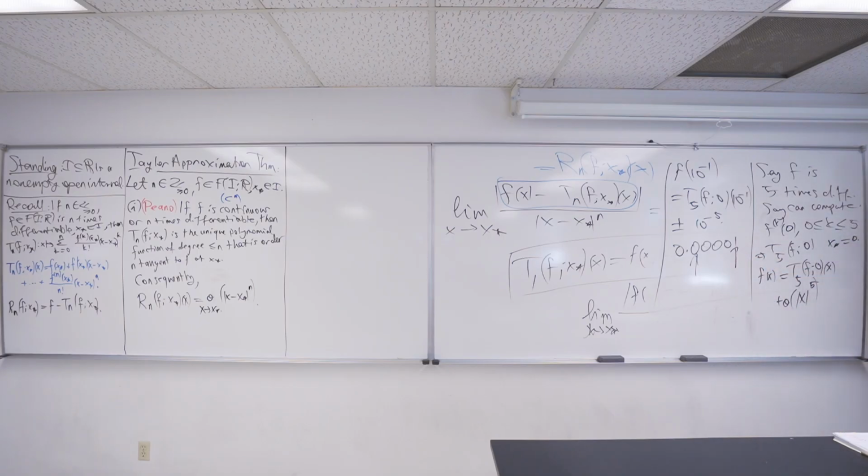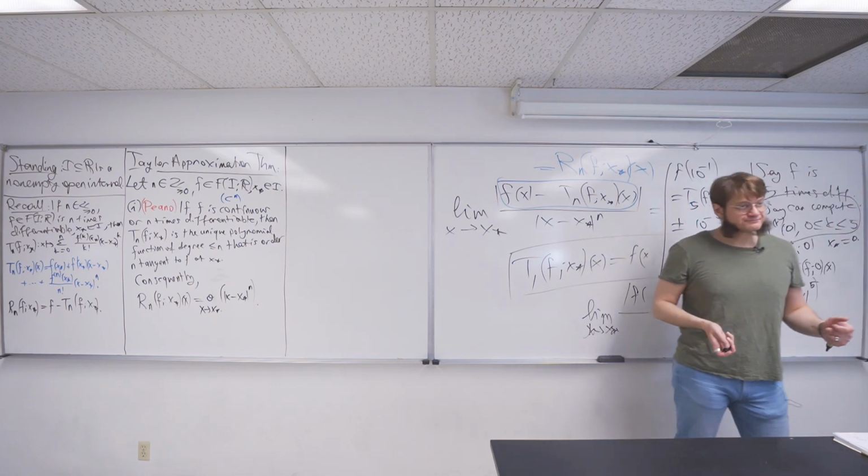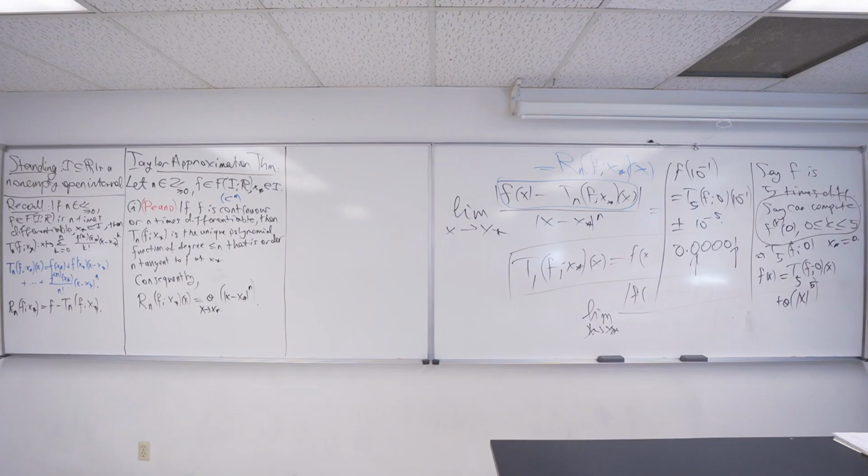But at the same time, that's also going to require that you can compute higher derivatives at that point. So the better the estimate you want, the more differentiability you're going to need, the more derivatives you're going to need to compute somehow. Okay? And computing derivatives too is its own matter, right?